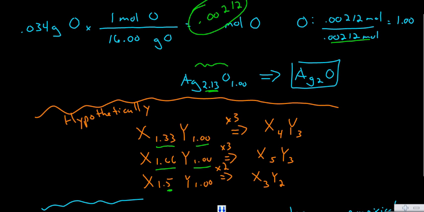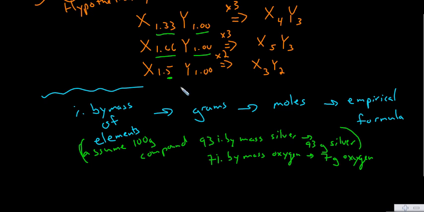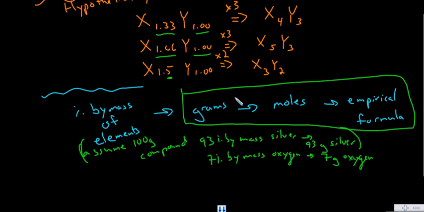Now, we just did a shorter calculation where we went from grams of each element into the empirical formula. But sometimes you'll be given percent by mass of an element. For example, instead of telling you to do this experimentally, I might have told you that silver oxide is 93% by mass silver and 7% by mass oxygen.